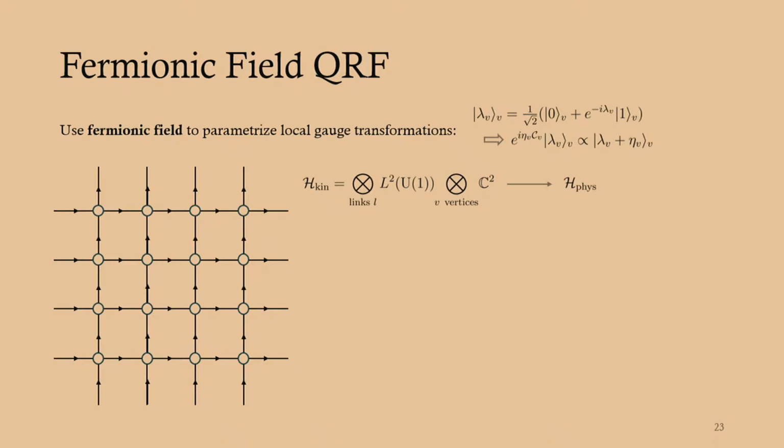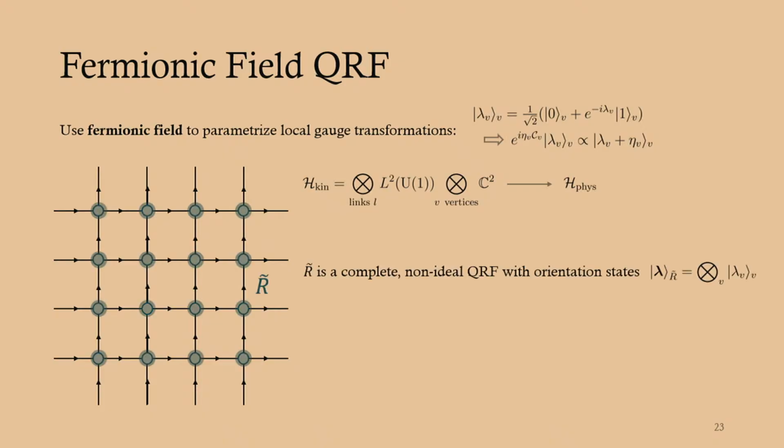So essentially what I can do is I can just tensor up all of these states to make my set of vertices R tilde a complete but non-ideal quantum reference frame. So this is complete because it can fully parameterize all of the local gauge transformations, but it's non-ideal because you can see that these states are in general not orthogonal. But similarly to before, we've just split the kinematical tensor product into a factor, which is our quantum reference frame, and a factor for our residual system.